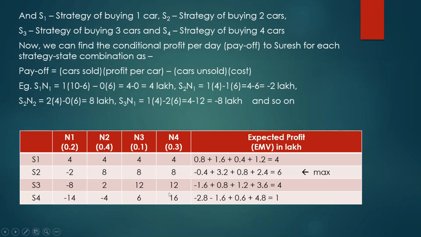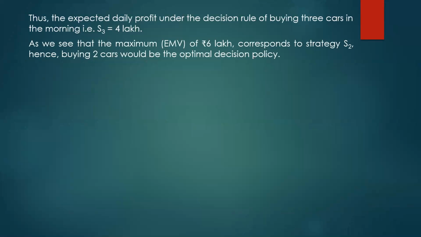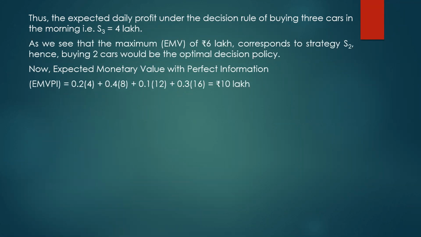And finally 0.3 multiplied by 16. This calculation will give me the EMVPI, that is expected monetary value with perfect information. Now this is what I have explained to you. The optimum strategy would be to buy 2 cars and not 3 cars. And the expected monetary value with perfect information will come to 10 lakhs.